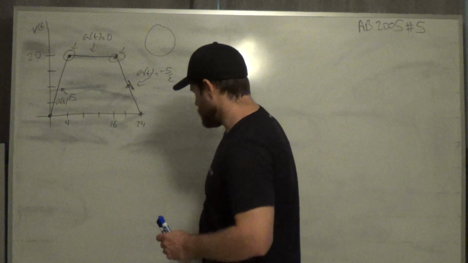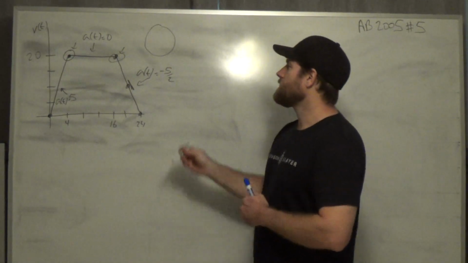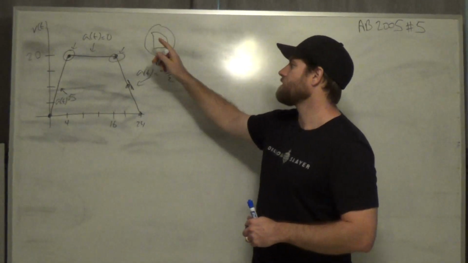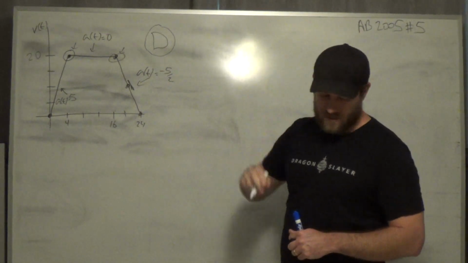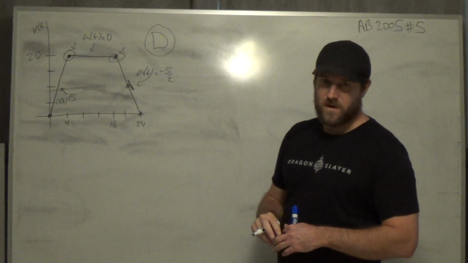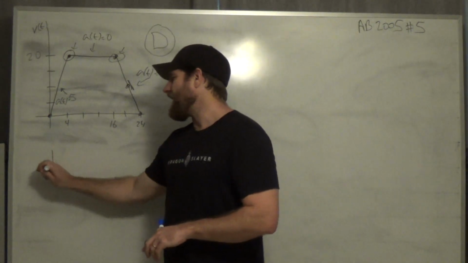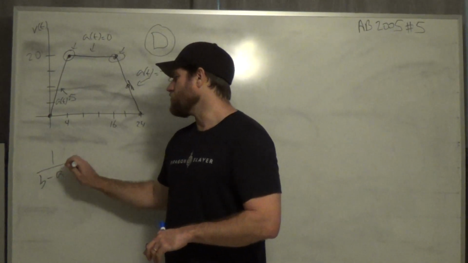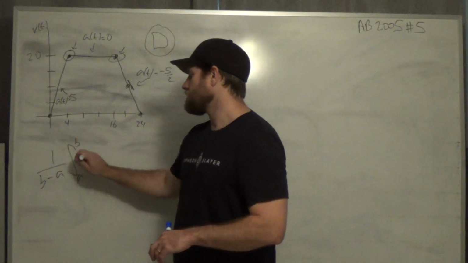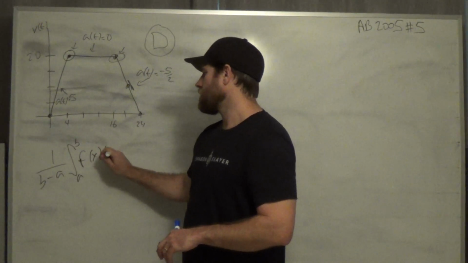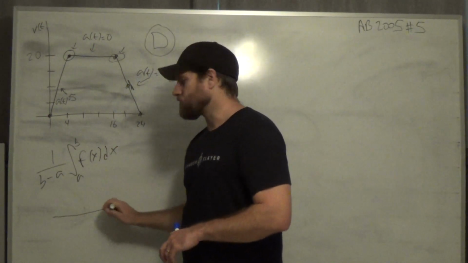And now we're going to do part D. Okay. So part D says find the average rate of change. Now folks, there are two types of average. There is average value of a function, and then there is average rate of change.